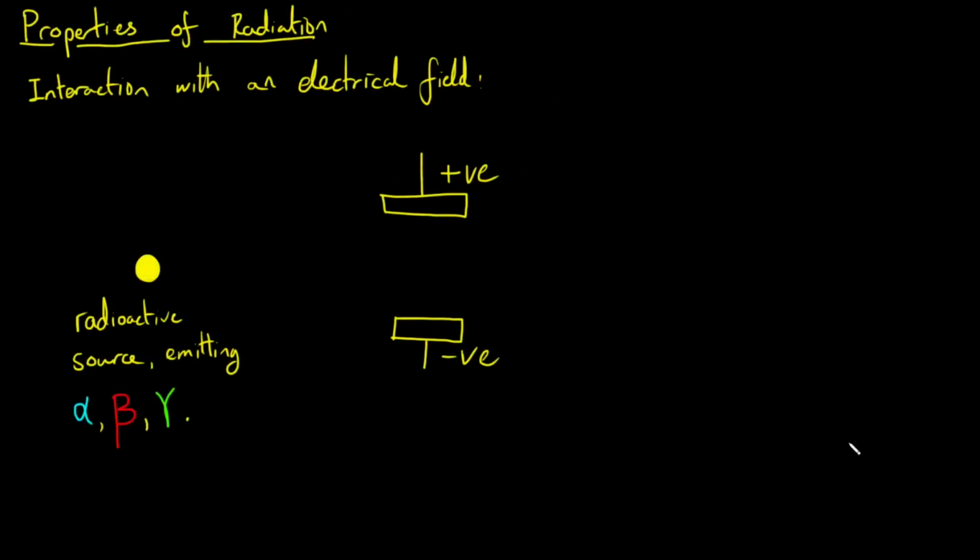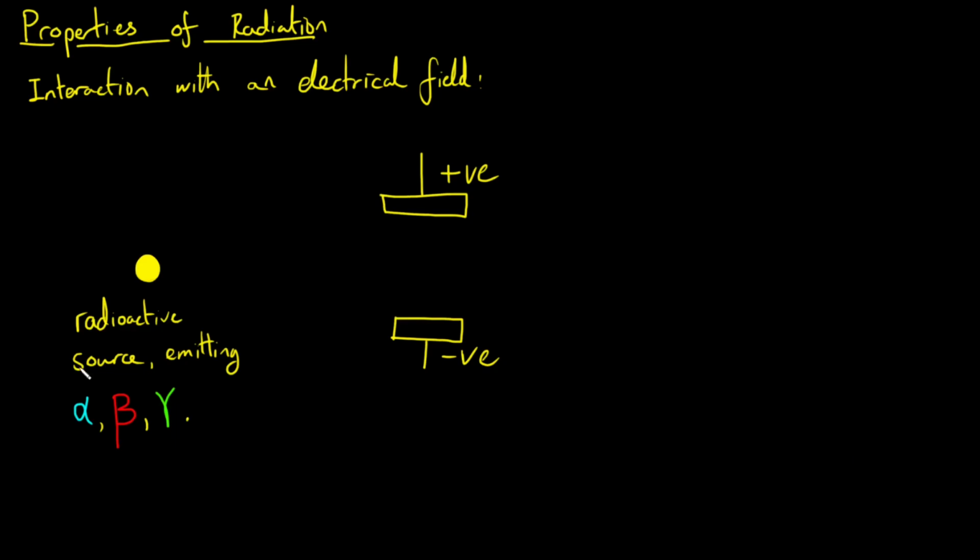So we've got our three different types of radiation, our alpha, our beta, and our gamma. Remember, our alpha particle is this kind of large, chunky particle. It's a helium nucleus, 2 protons, 2 neutrons. Our beta particle, much smaller, high energy, fast moving electron created by the breakdown of a neutron into a proton.